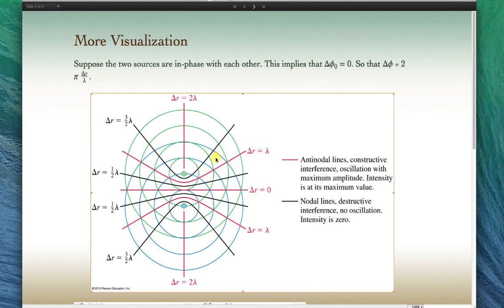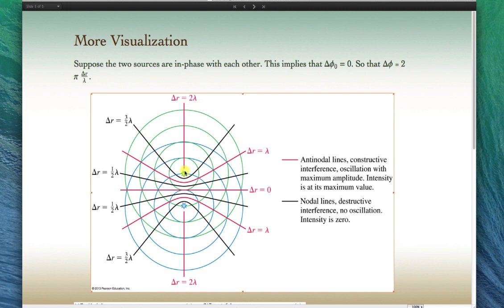So you have a series of nodes and antinodes. And notice that these two points are a distance of 2 lambda apart. So take the distance between the sources, and that gives you the maximum that delta r can be. If they're 2 lambda apart, the maximum that the difference in position can be from a point to those two sources is 2 lambda.